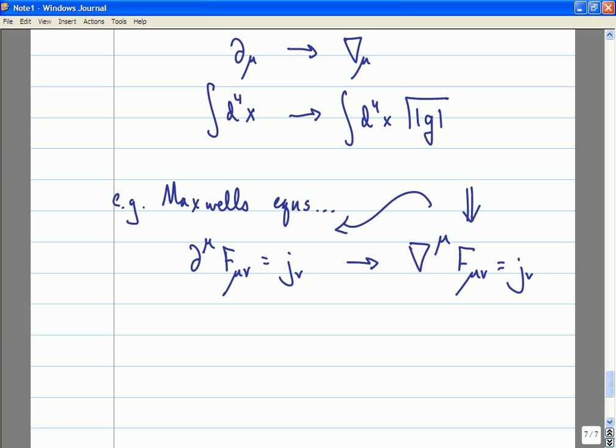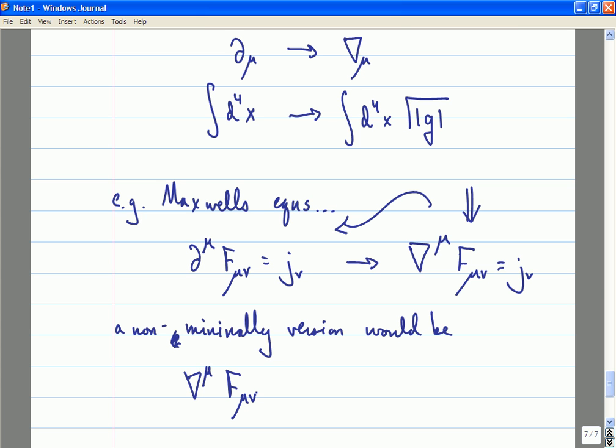So, for example, a non-minimally coupled version of this equation would be the statement that the derivative of the electromagnetic field strength is equal to the current 4-vector, plus terms that happen to be 0 when you're in Minkowski space. 1 plus R, where R is the Ricci scalar.